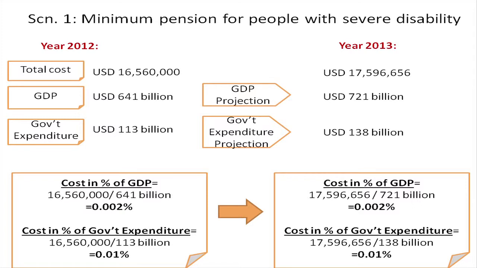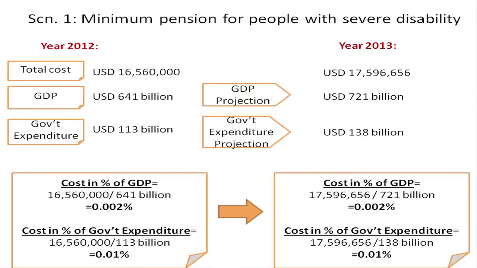The total cost is as what we have calculated earlier. Then you want to see the difference in GDP next year. You have GDP projection. Then the government expenditure next year, you have government expenditure projection.